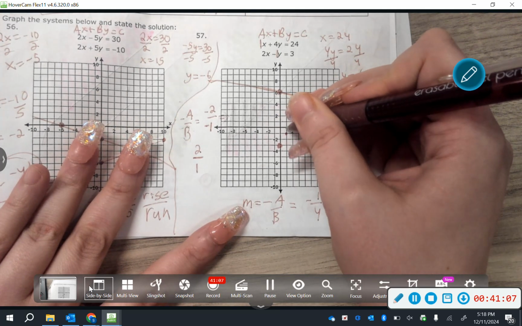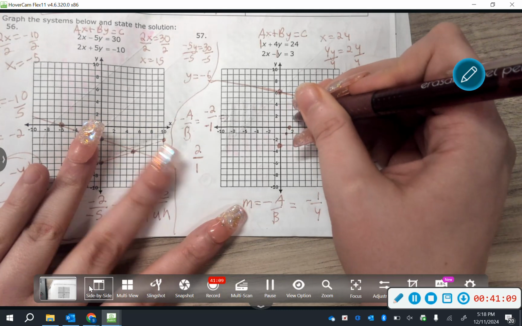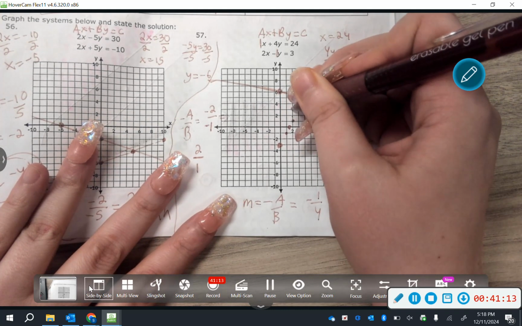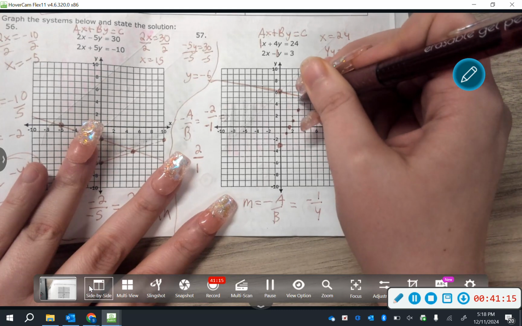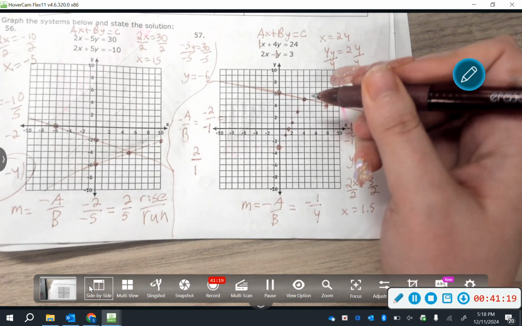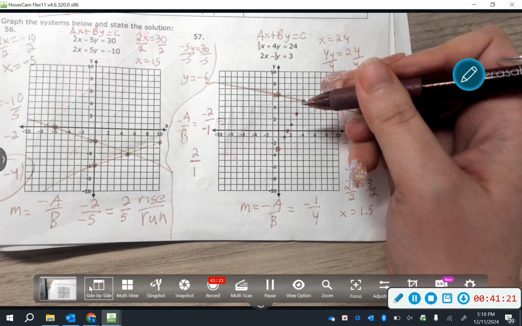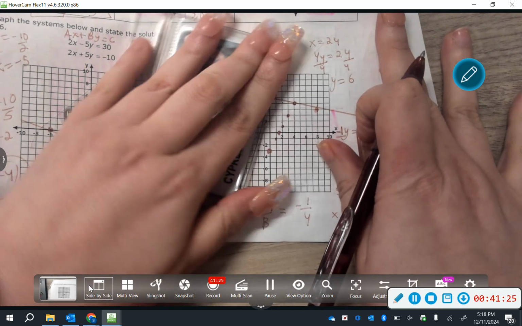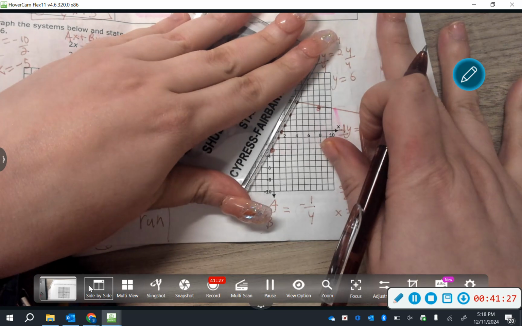Up 2, right 1. Oh my gosh, I can't see. Up 2, over 1. So definitely using my opposite of A over B when I'm not quite sure really helps make sure my line is accurate.